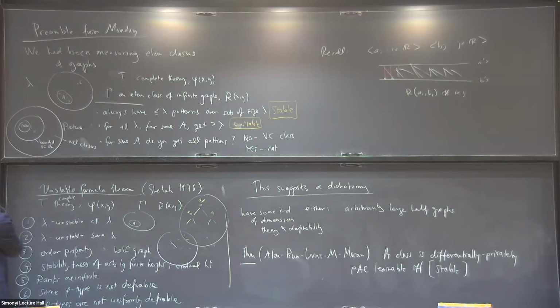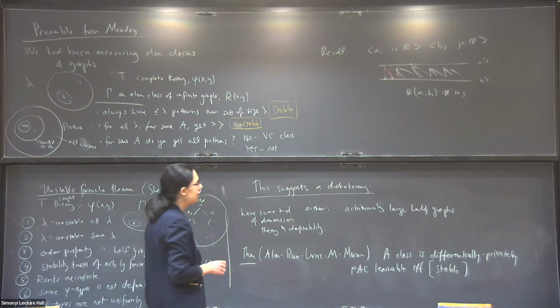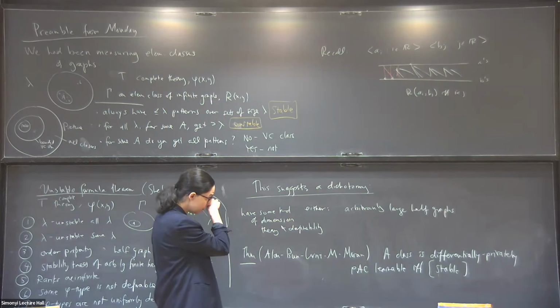And in fact, finite Littlestone dimension is if and only if online learnable. So the statement of the theorem is you're privately learnable if and only if you're online learnable.